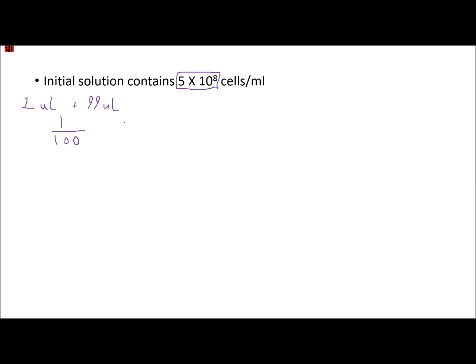And that would leave us with 5 times 10 to the 6th cells per milliliter. Because, as we discussed before, you take your initial concentration times your dilution factor to get your ending concentration.